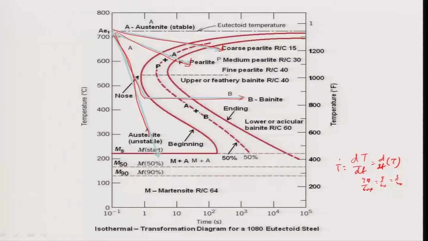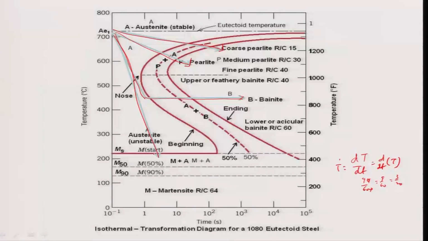And the last one is basically this one, you see here the very fast cooling. If you cool it very fast, you are cooling from 700 to 200 degrees Celsius, 500 degrees Celsius in about say 5 seconds. So that means 100 degrees per second, that is 6000 degrees Celsius per minute.